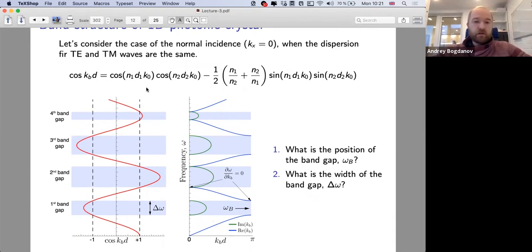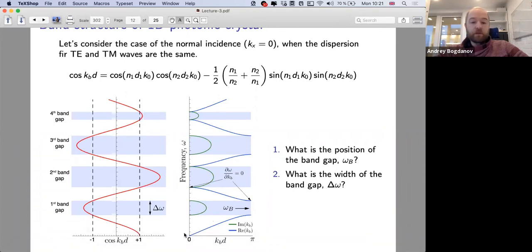But this function can be more than 1. When this function is more than 1, the argument of this cosine is pure imaginary. So in this case, the Bloch wave number is imaginary.